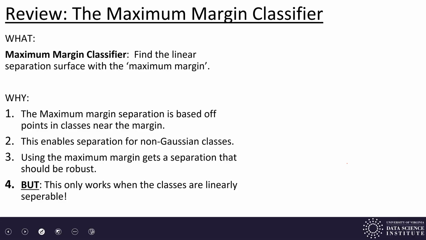But this is the big but that makes maximum margin classifier not generally useful. This only works when classes are linearly separable. So if you have one data point over on the other side, for whatever reason, you can't solve that optimization problem. So this is really, maximum margin classifier is a building block for more robust classifiers. Thank you very much.